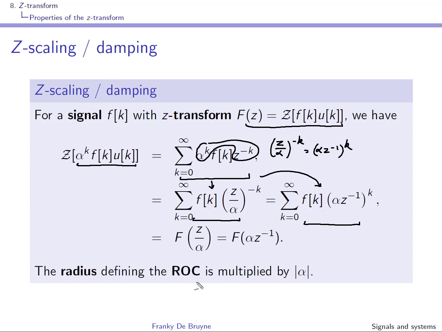Of course, there will be an influence on the region of convergence, and this region of convergence will be multiplied by the modulus of alpha.